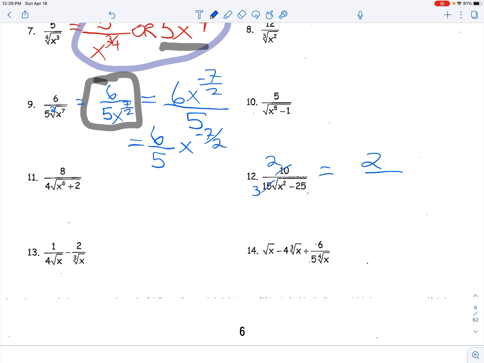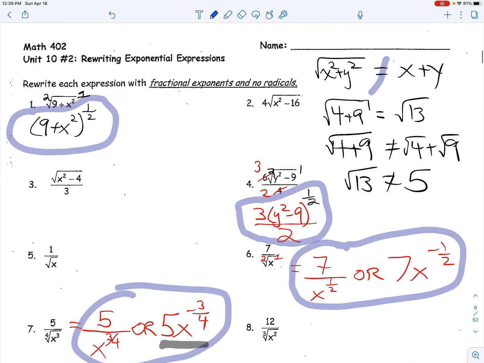I'm going to write this as 2 over 3, and then the square root of x squared minus 25 is x squared minus 25 to the 1/2 power, right? Once again, you cannot take the square root of that. It is not x minus 5. And you can leave it like that.